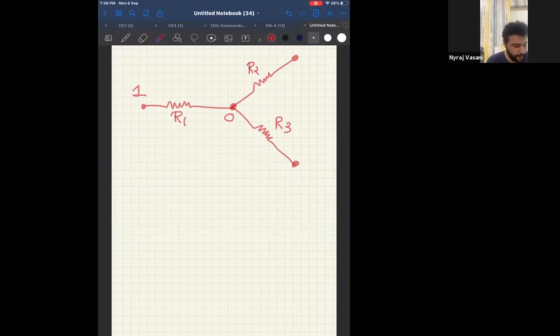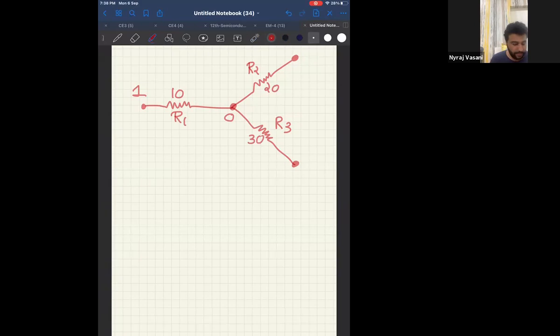They are saying, find the current flowing through the resistance R1. Means in which branch they want us to find the current, this one, correct? They have also told us in the question that the resistances are R1 equal to 10 ohm, R2 equal to 20 ohm, and R3 equal to 30 ohm.